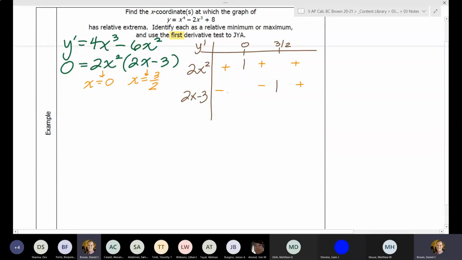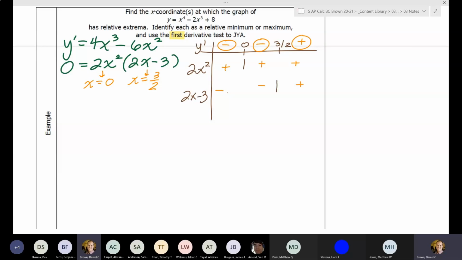So overall, what is this first derivative? The first derivative is negative, negative, and then positive. So if we're looking for relative extrema, we do have two critical points. Again, they could either both be extrema, none of them could be extrema, or just a few of them could be an extrema.